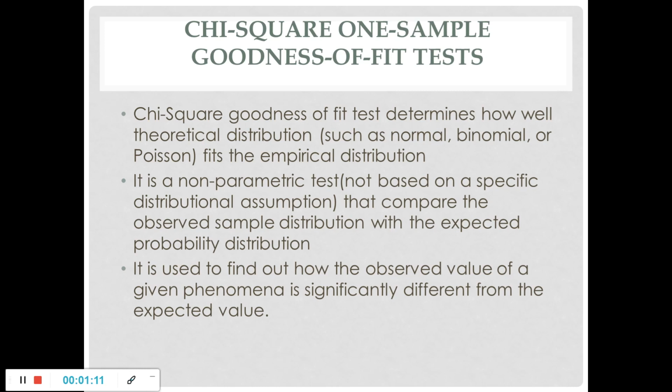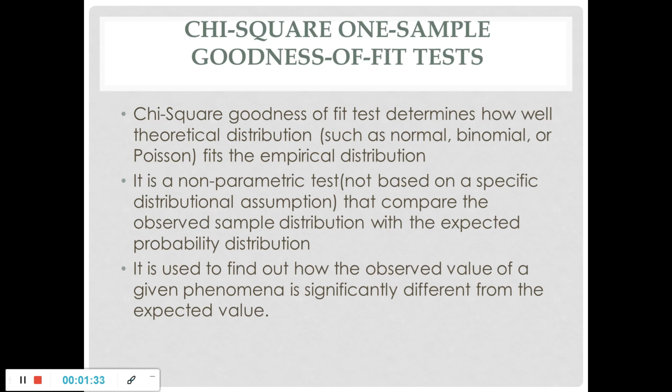Whether it is normal, binomial or Bayesian, you can use the chi-square test, given that you are going to test goodness of fit for a single sample.